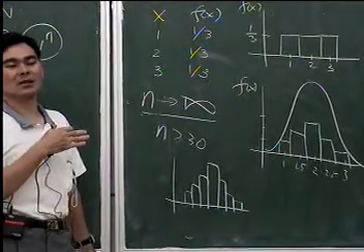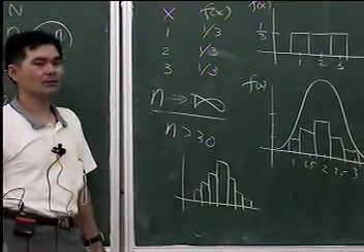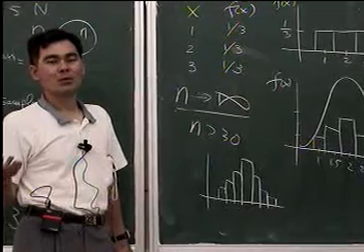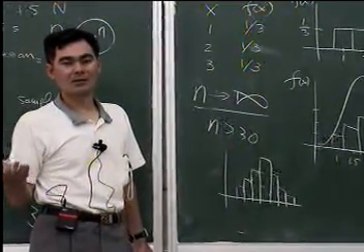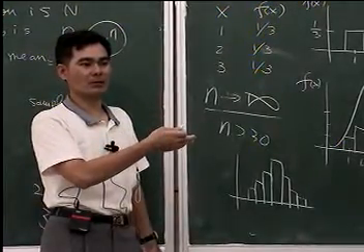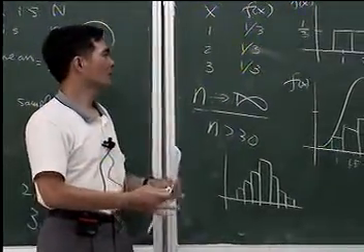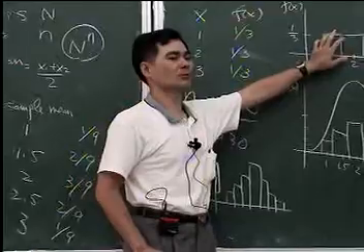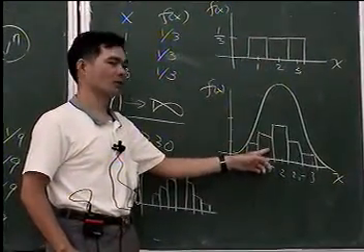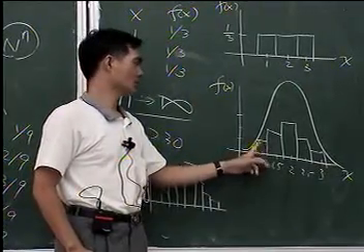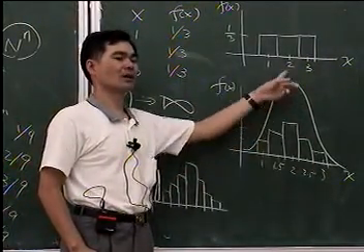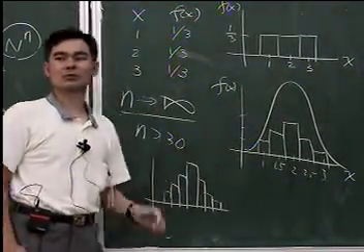So this is a proof, okay? Not really the proof, but it shows you why the central limit theorem is there. Because if you do the same kind of experiment, okay, you get more samples. Originally this is a uniform distribution, right? But then it gets to this, you get sample size 2. So suppose you get more samples, then you will be something like this, and that will be a normal distribution.